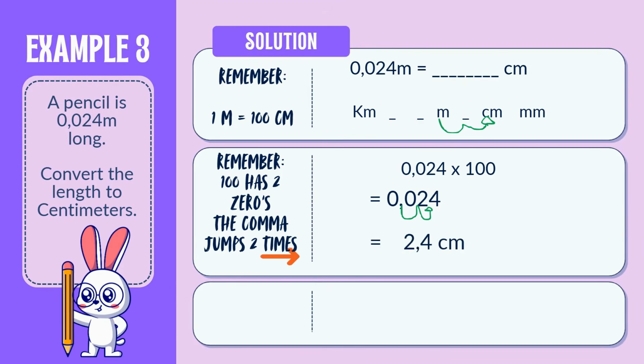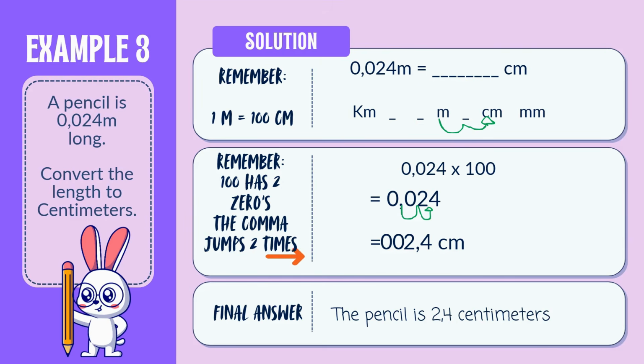So when you write your answer without the zeros, it's 2,4. The 2 zeros in front, remember, we do not have to write the zeros in front of a number if there is no comma in between them. So the answer here will be, the pencil is 2,4 centimeters long.